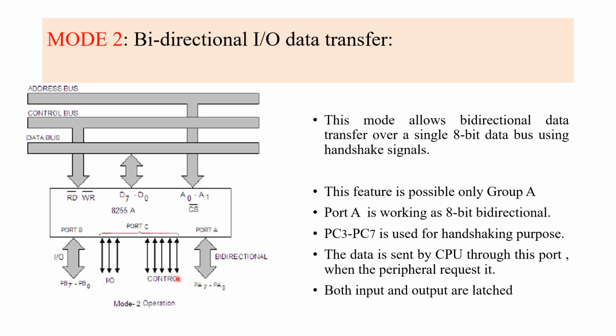When the 8255 is working in mode 2, group B is not affected at all. Group A is working in the bidirectional method, that is both input and output. In both directions data can be transferred. So that is mode 2 under I/O modes.